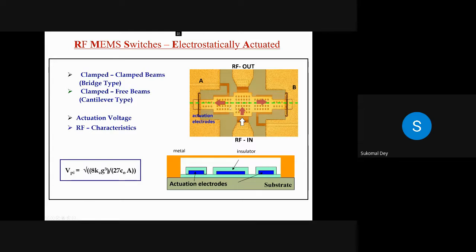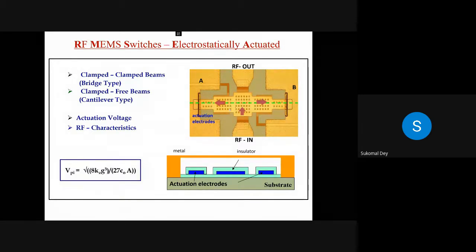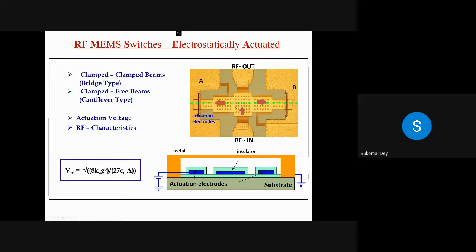Now, what is happening? When you are not applying any voltage, your signal is passing from input to output. You can see the white color arrow, which represents the signal flow. Now, when you are applying the voltage, see how you are applying the voltage: this dedicated bias pad with respect to this bridge.